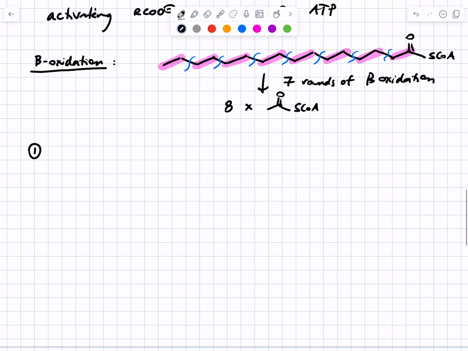Okay, so the first step of fatty acid beta oxidation, and I'm going to just draw the last 2 carbon units of a long chain fatty acid.